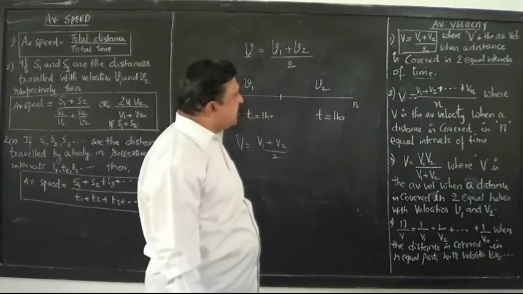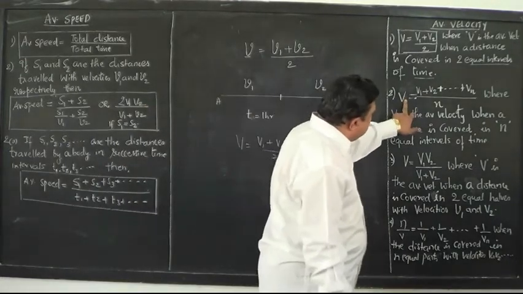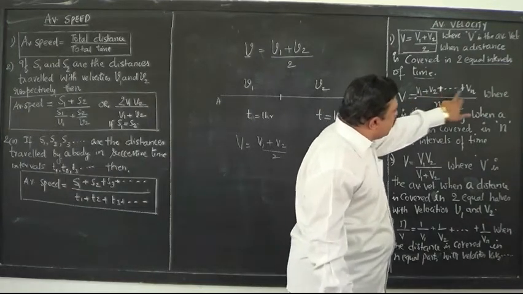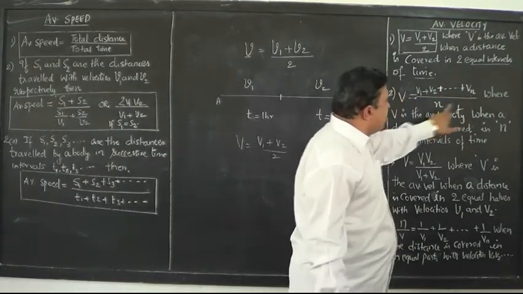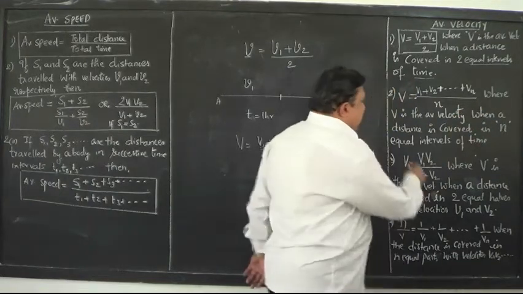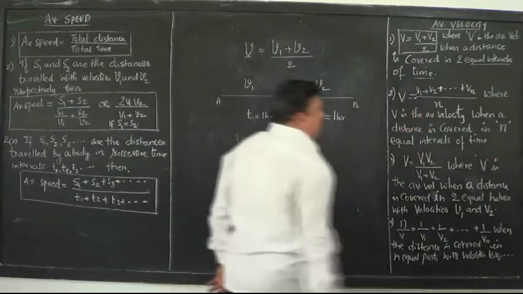A simple equation. And the average velocity V can also be written as (V1 + V2 + etc. + Vn) over n, where V is the average velocity when a distance is covered in n number of equal intervals.